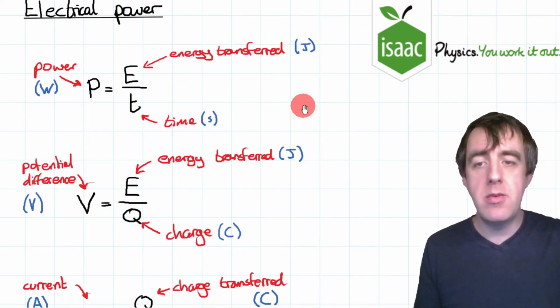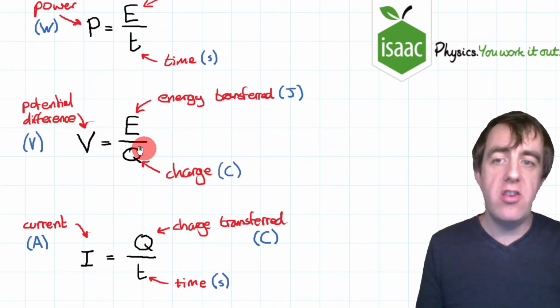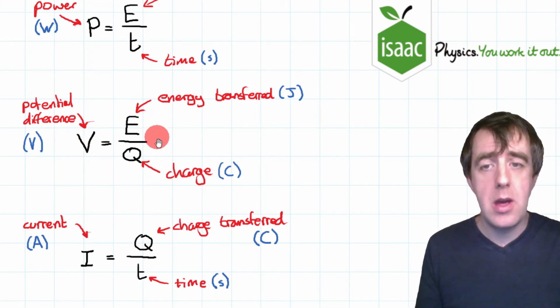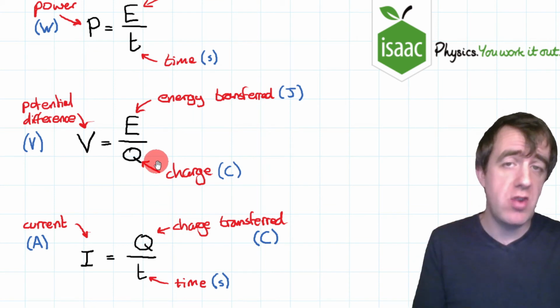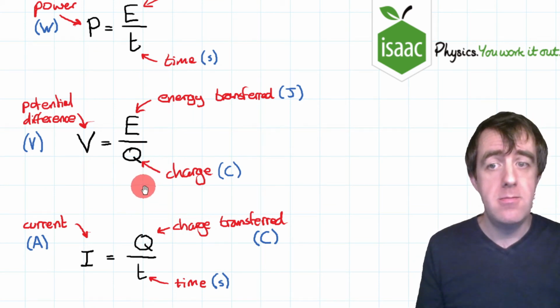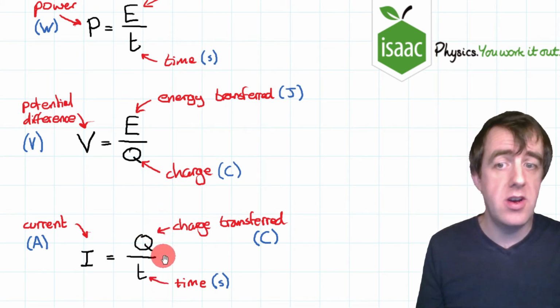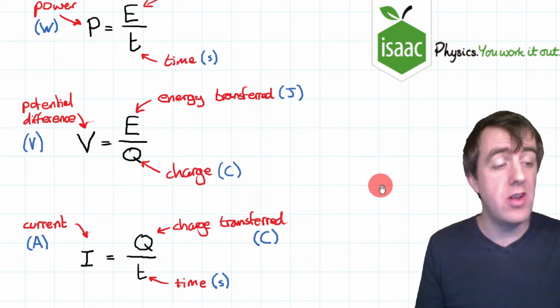We then have some definitions. Potential difference is defined as the amount of energy transferred per unit of charge which is transferring that energy. And current is defined as the rate of flow of charge, the amount of charge that is transferred divided by how long it takes to transfer it.